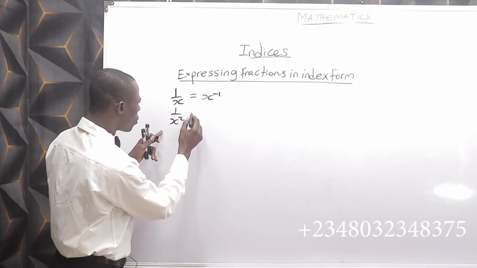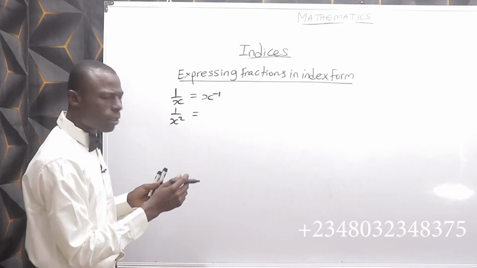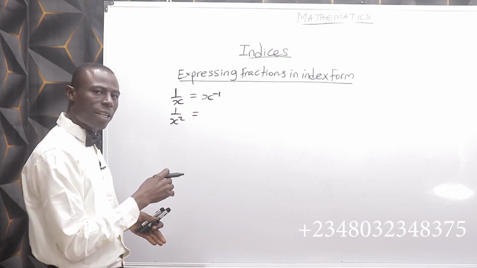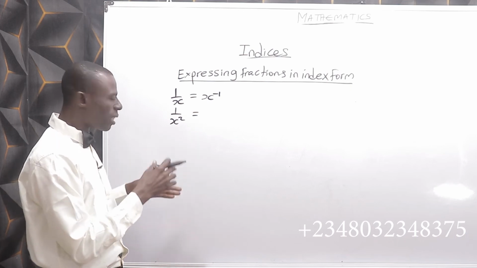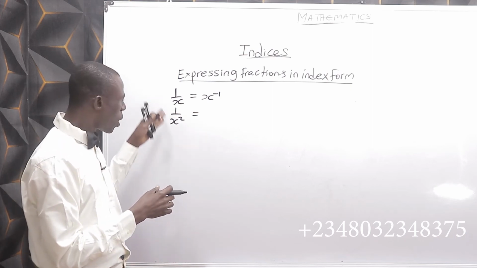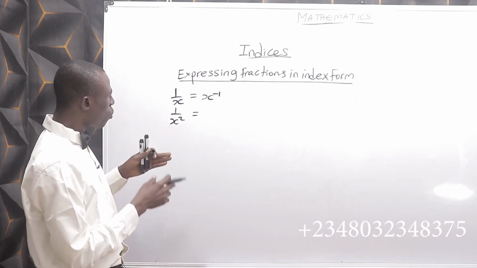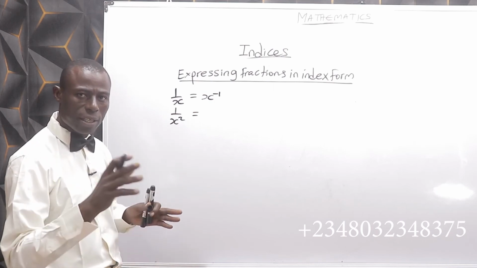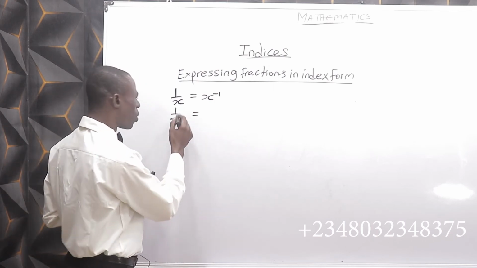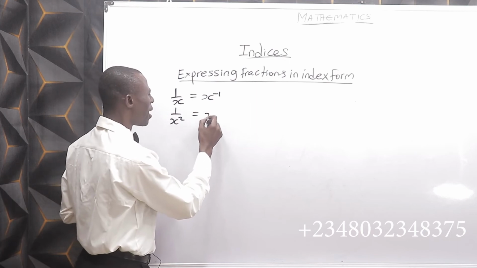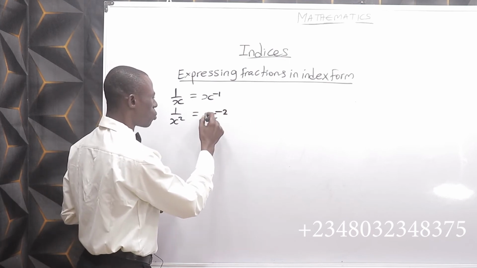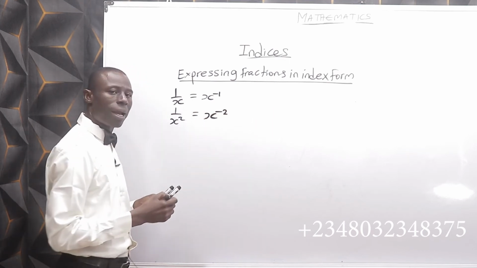And also 1 over x squared. This is partly in index form. This is just a semi-index number, 1 over x squared. So we have to make it totally in index form. So we express 1 over x squared as x raised to the power minus 2.